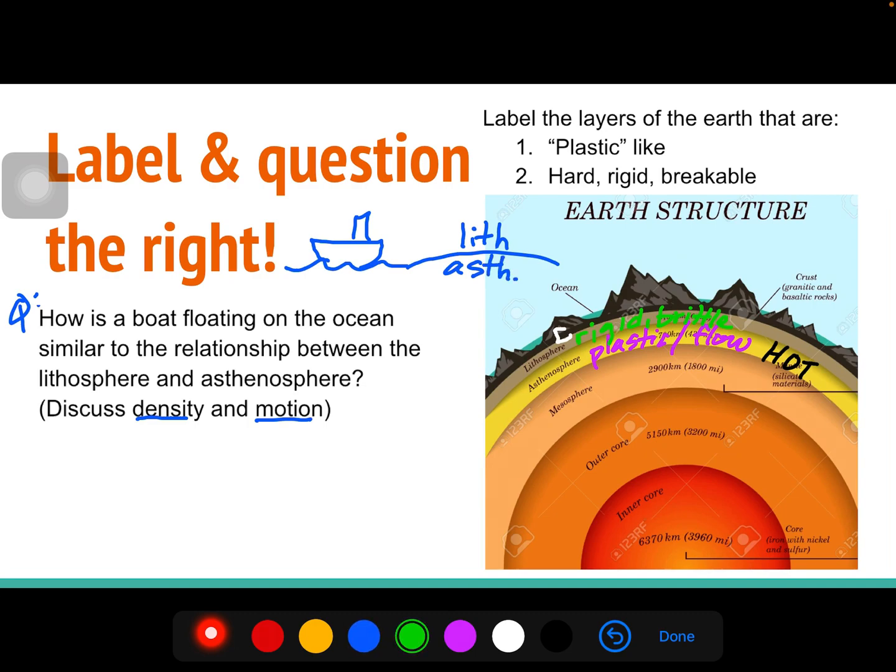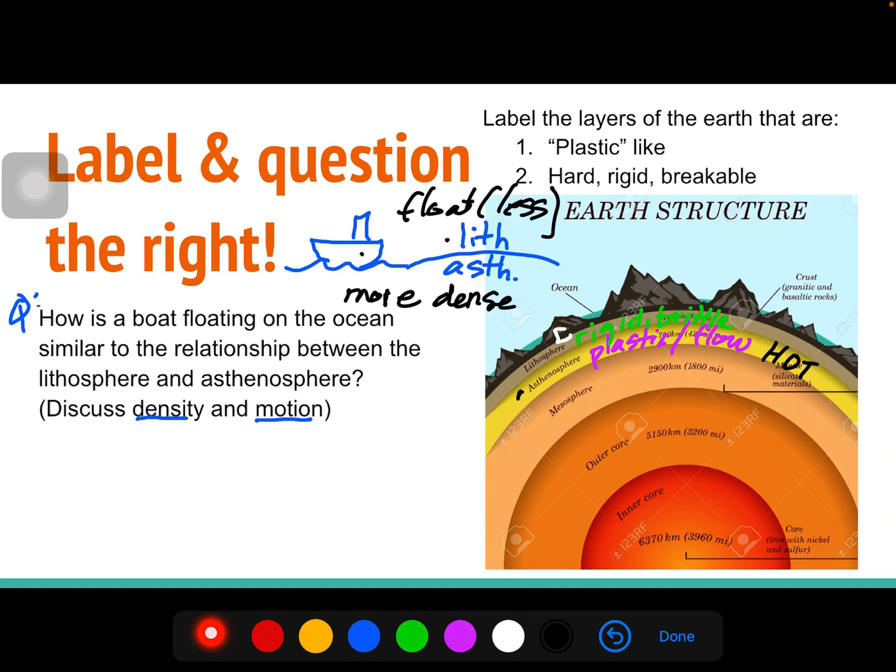When we think about density, more dense versus less dense, we know more dense objects sink downwards. So that means our asthenosphere and our ocean would be more dense, right? They're heavier because they're on the bottom, while the lithosphere and the boat are floating. So those are our less dense objects.